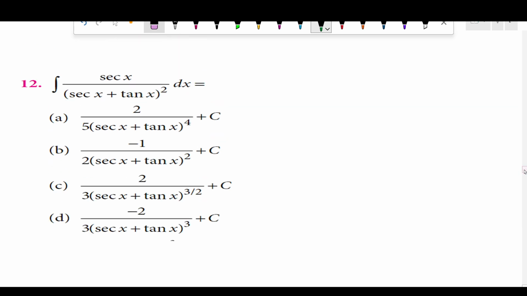Now, next question, you need to integrate this function with respect to x. Now please comment how many of you have attempted this question, right?